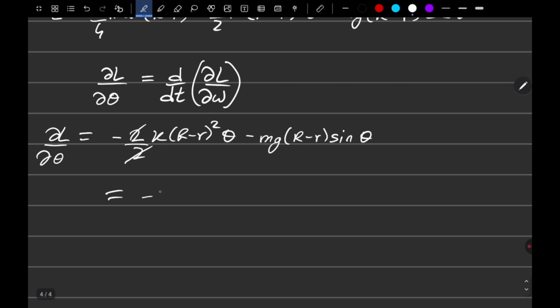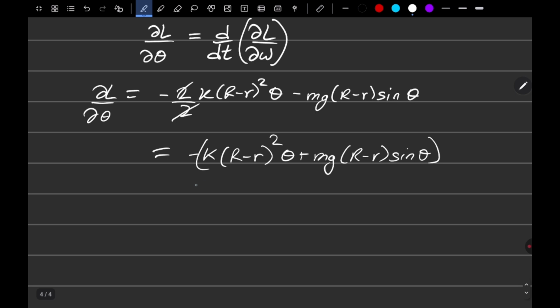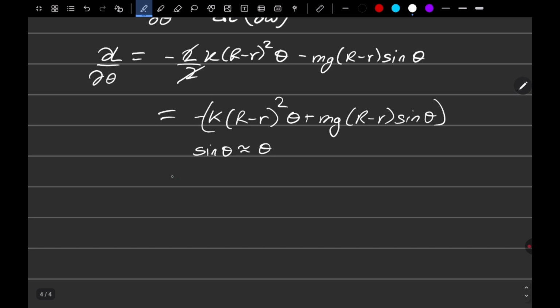That gives me minus k (R minus r) whole squared theta plus m g (R minus r) sine theta. Since x is very small, I can approximate sine theta by theta. So I have k (R minus r) squared plus m g (R minus r), with theta taken out common.